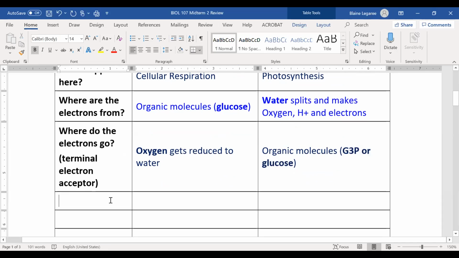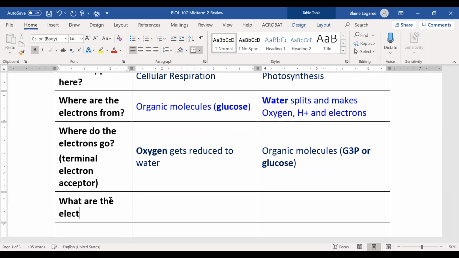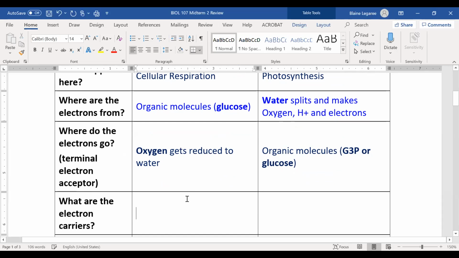Okay, so what are the electron carriers? Maybe that's another question. Remember in respiration, we had NAD plus, and that is going to get converted to NADH.